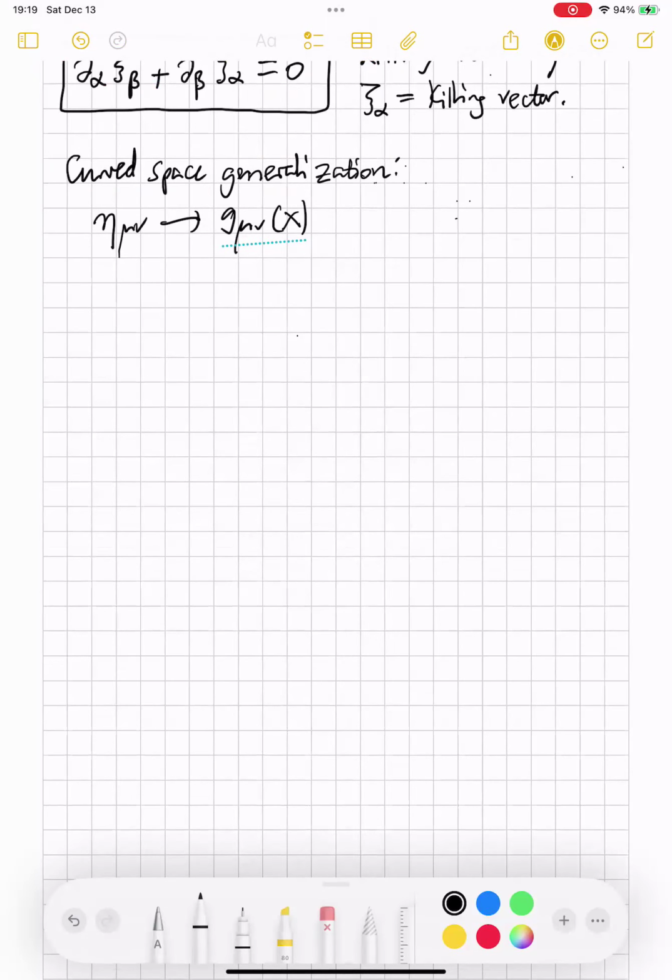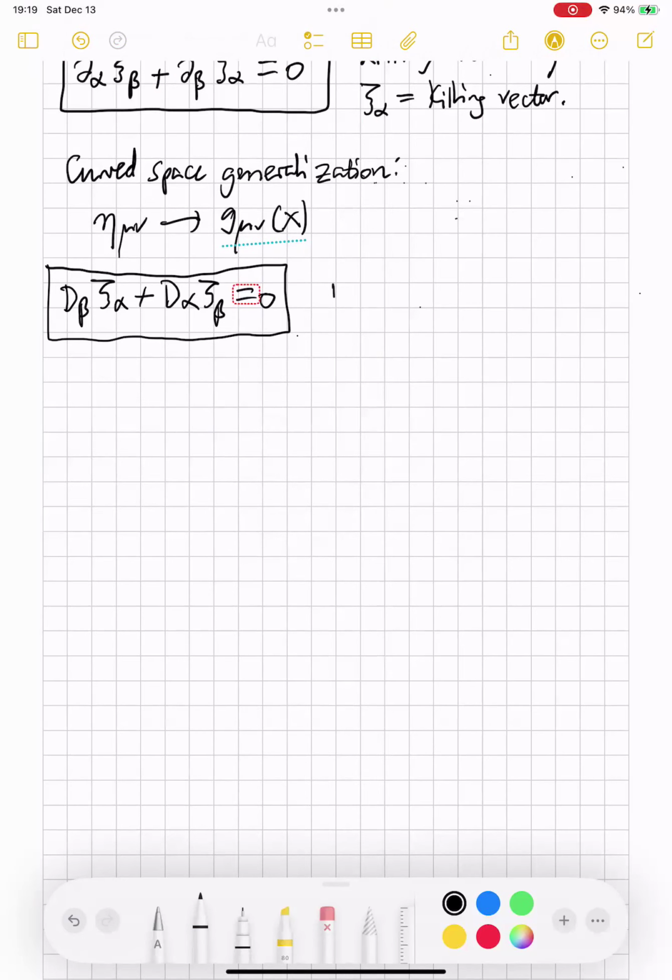What you will find if you do it correctly is the following equation: D beta zeta alpha plus D alpha zeta beta is equal to 0. So this is the Killing vector equation in curved space. That's the equation that you'll obtain if you do things correctly. And as usual here, we're making reference to the covariant derivative.